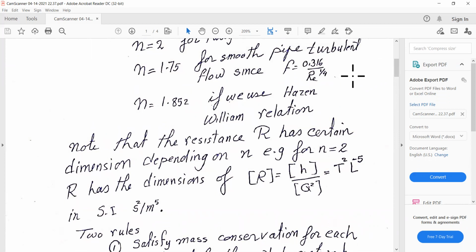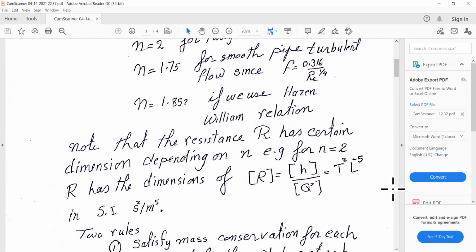If we use the Hazen-Williams relation that we discussed last lecture, N equals 1.85, as you can see. Now, the resistance, as I said, has certain dimensions depending on N, e.g. for N equals 2, R has a dimension of T squared L to the power minus 5. In SI units, it's second squared divided by meter to the power 5.